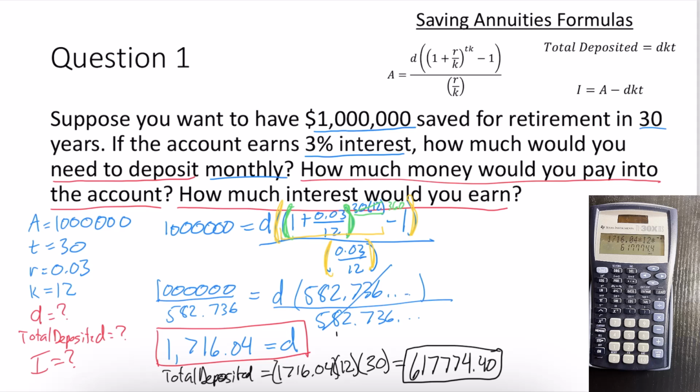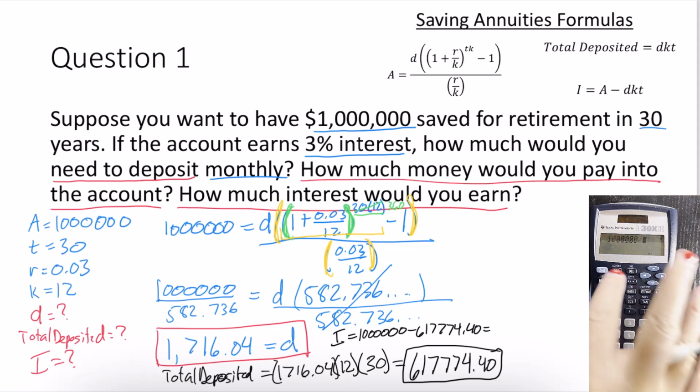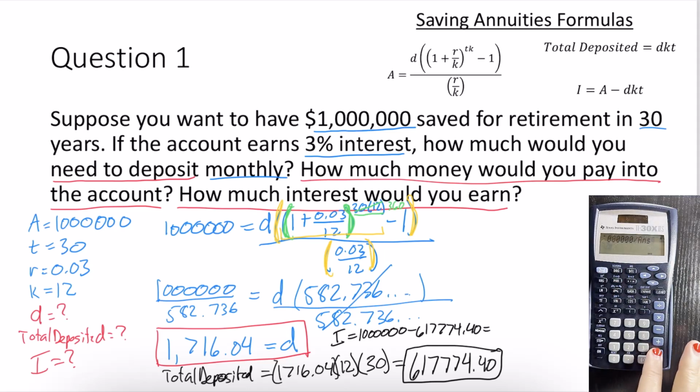And then for the interest, to find the interest, I would basically take my total amount that I have at the end, which is $1 million, and subtract that number that I just found. And when I do that, so I'm going to do $1 million divided by the answer that should still be stored in my calculator.